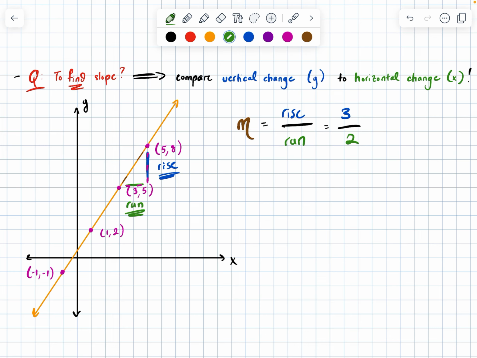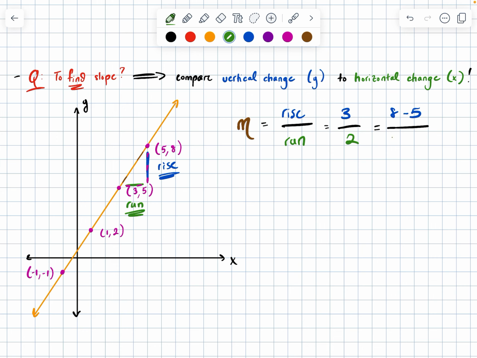Well, if you look at your points, I'm taking (5, 8) and (3, 5). Look at the 8 and the 5. The rise, the change in the y direction, well, I'm changing from 8 to 5. How could I use that to get 3? Well, you might notice here that 3 is equal to 8 minus 5.